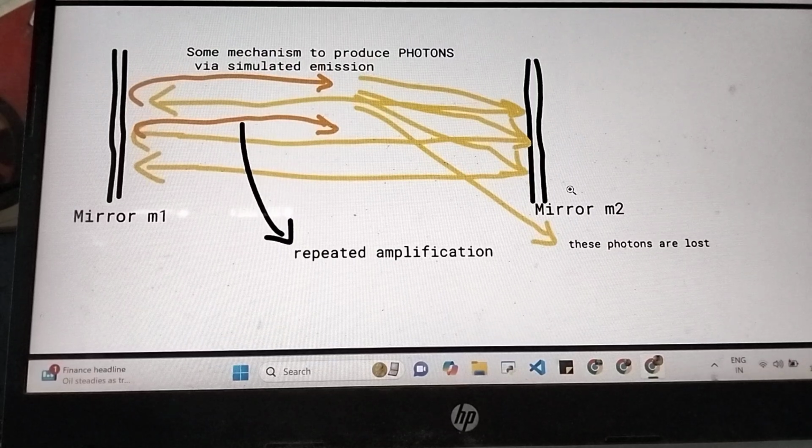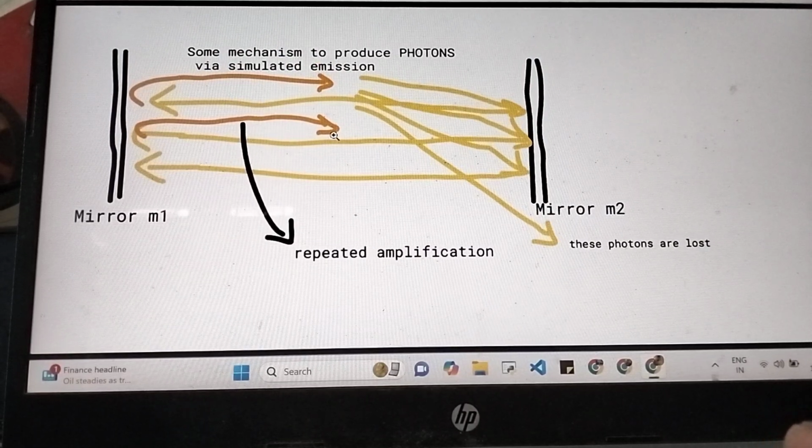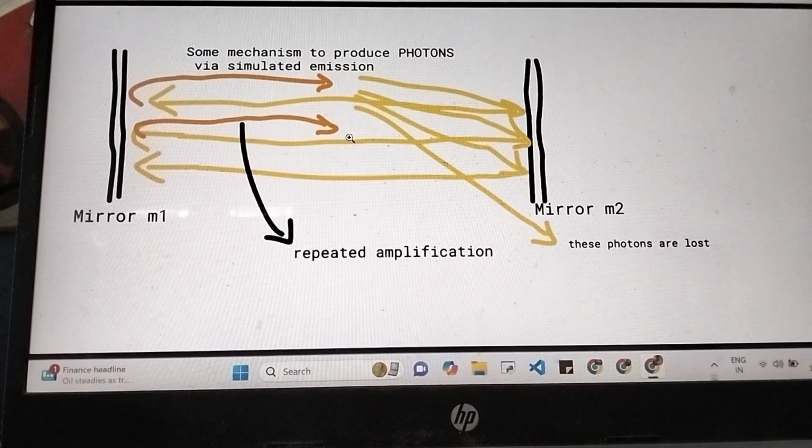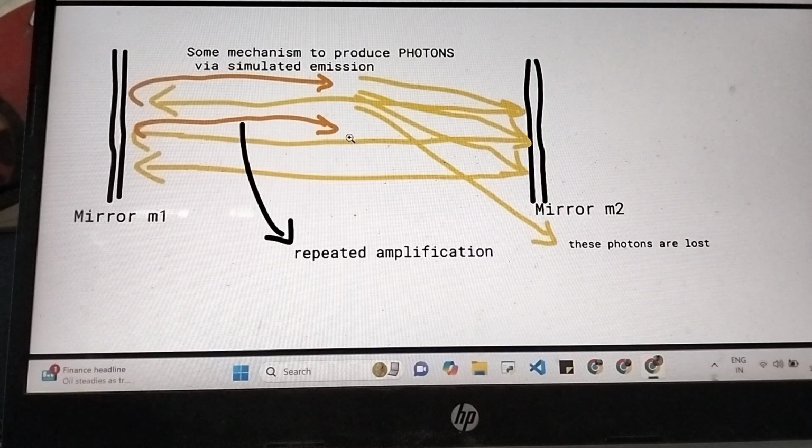So when they get reflected from the mirror, they all start following the same horizontal path, which is denoted by these yellow and orange lines. So the phase difference between everything is adjusted and brought to the minimum, meaning the waves superimpose. So the final light produced has maximum intensity. This is what I meant when I said repeated amplification is responsible for some of the properties of a laser, such as high intensity.